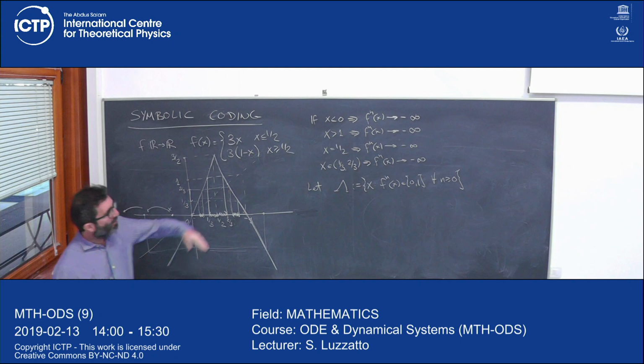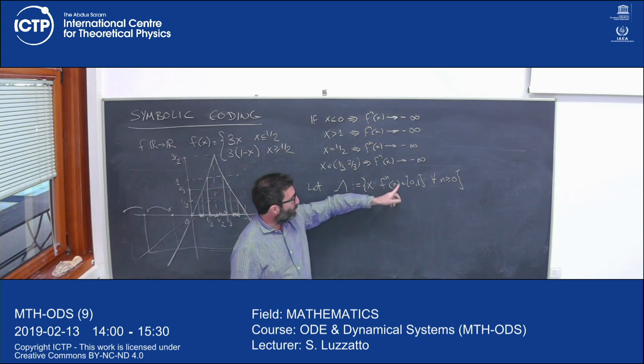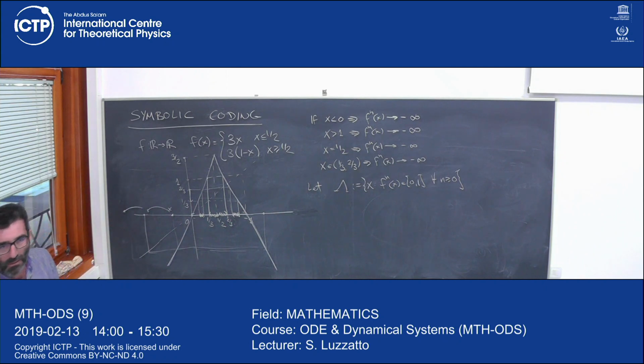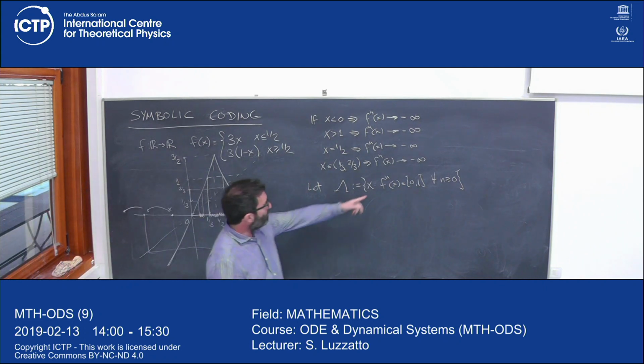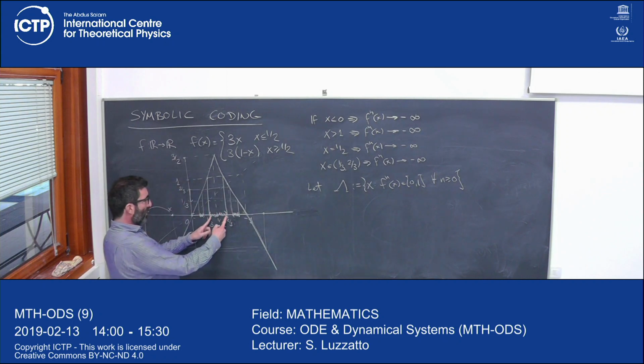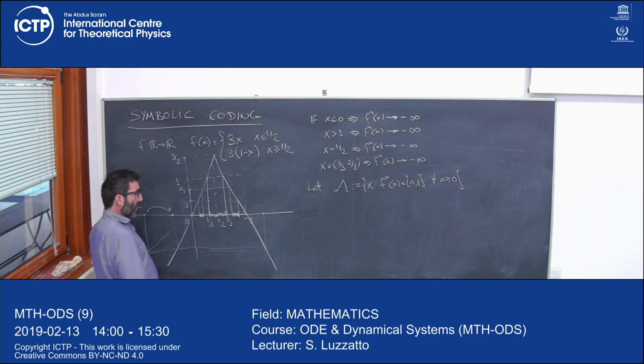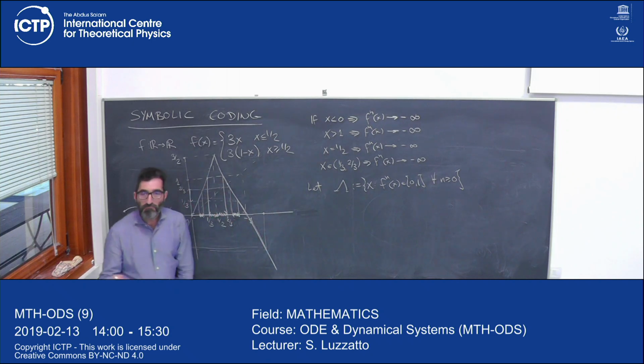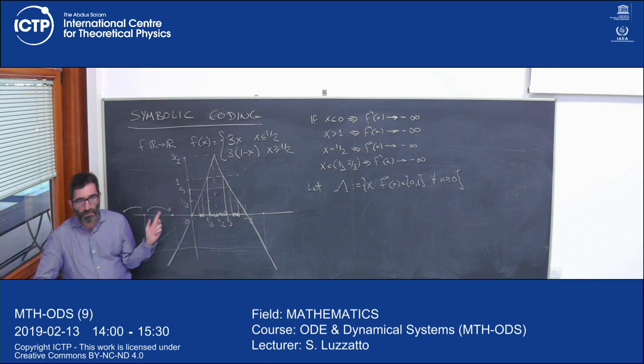Okay, because we know from this analysis that if at some point you leave [0,1], then you never come back to [0,1], you just escape to minus infinity. Okay? If we want, we could also write the set of points that never enter the interval (1/3, 2/3). Okay, but essentially it doesn't matter, it's the same thing. So this set is non-empty because it contains the fixed points, at least. Okay? We don't know at the moment exactly what other points it contains. We're going to try to study this.